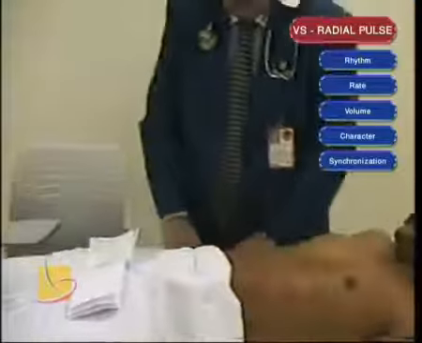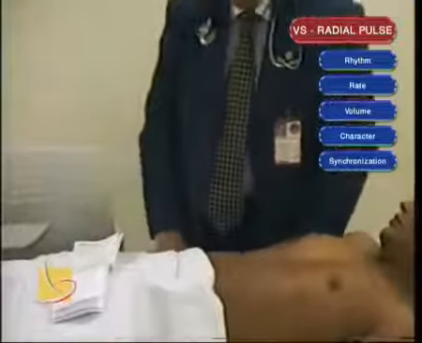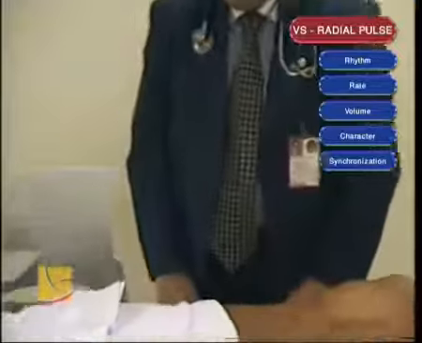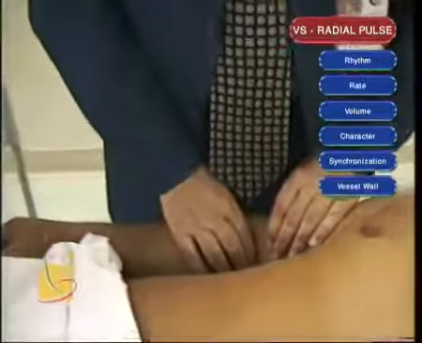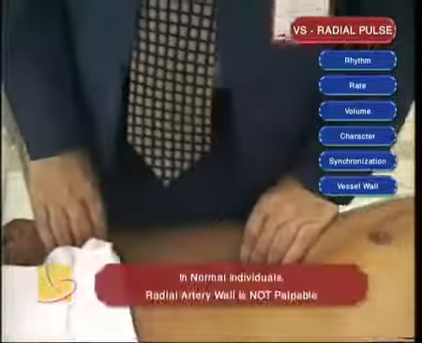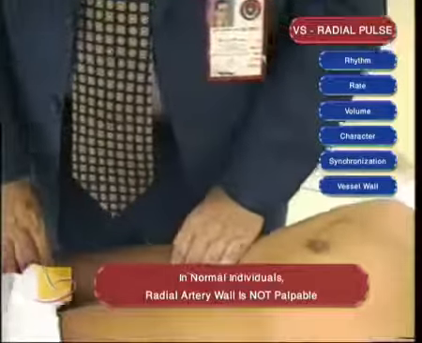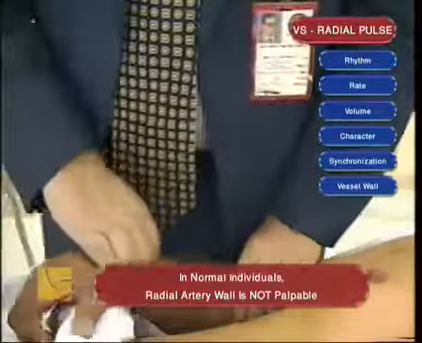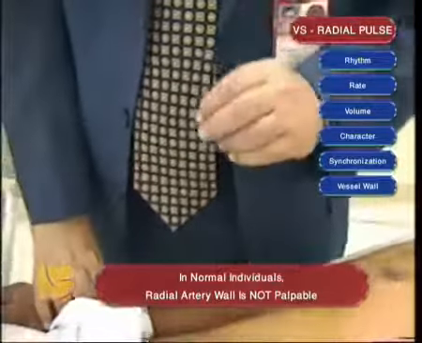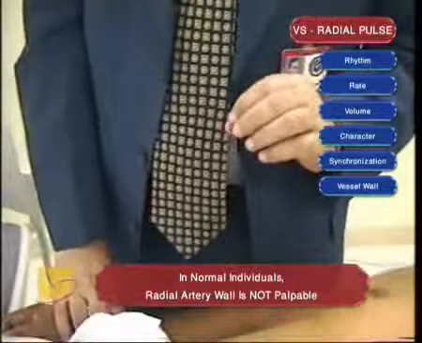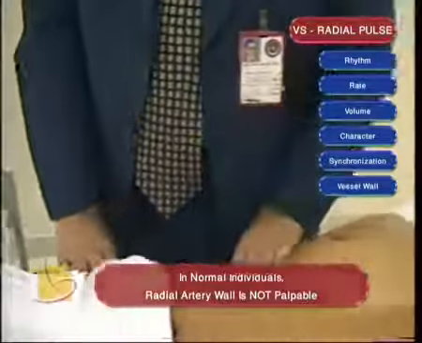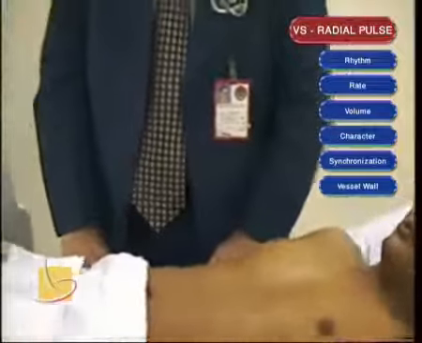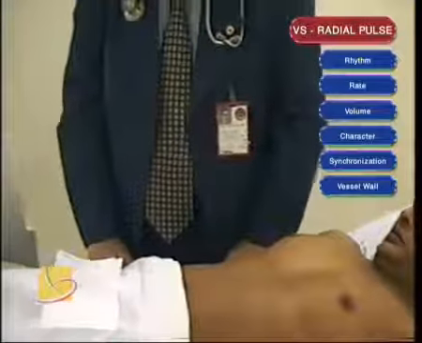After synchronization, we have to try to feel the radial artery wall as well as the brachial artery wall. Normally we don't feel the wall of the arteries. The walls of the arteries are unfelt. We only feel the pulsation. But if the walls are felt like a cord, then we have to think of generalized atherosclerosis in this patient.